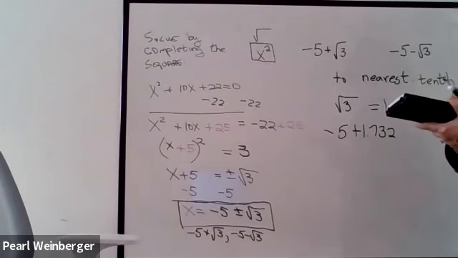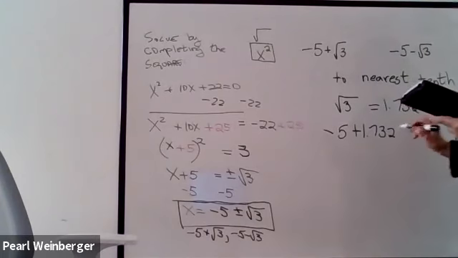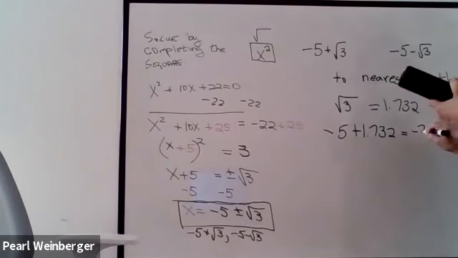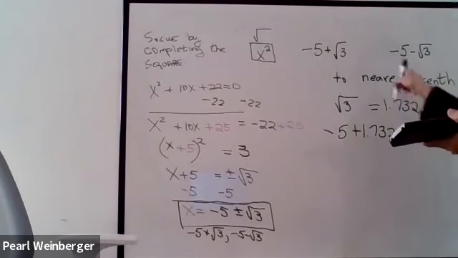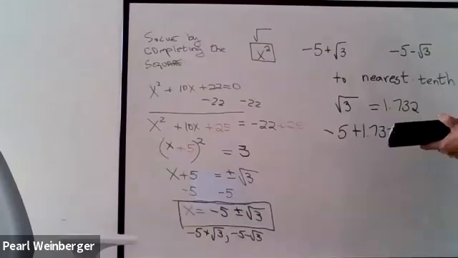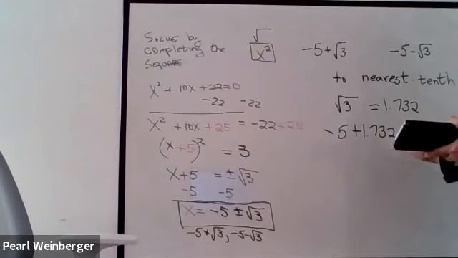For one case, I'll use my calculator and do -5 plus 1.732, which gives me -3.268. Since I wanted to round it to the nearest 10th, my first answer would be -3.3.